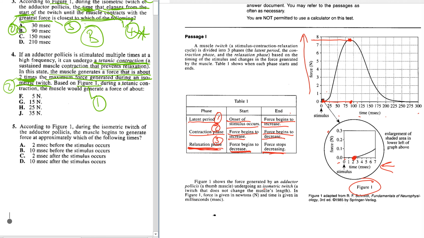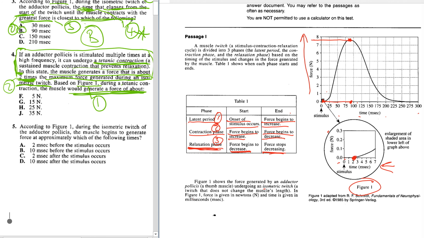During a tetanic contraction, the muscle would generate a force of about. From here to here, all this stuff, the tetanic contraction stuff, is nonsense. This means nothing.